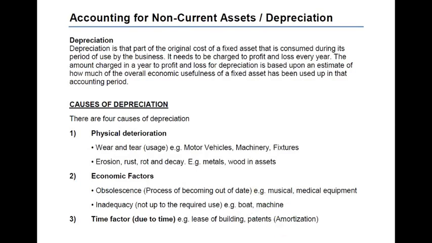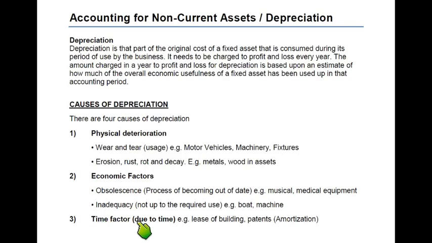Maybe an iPhone 6 was good enough for us when we bought it, but now the software which we want to run no longer supports the iOS that the iPhone 6 offers. Then the machine is now inadequate for us. This is known as economic factors.